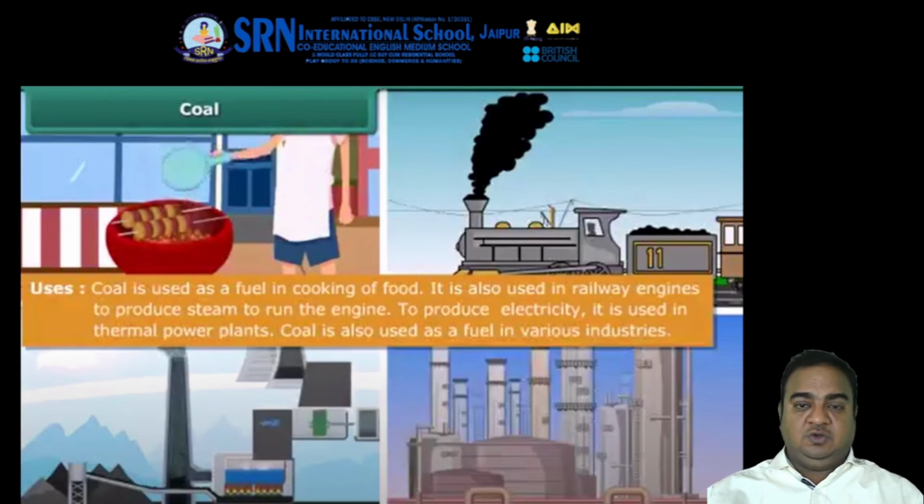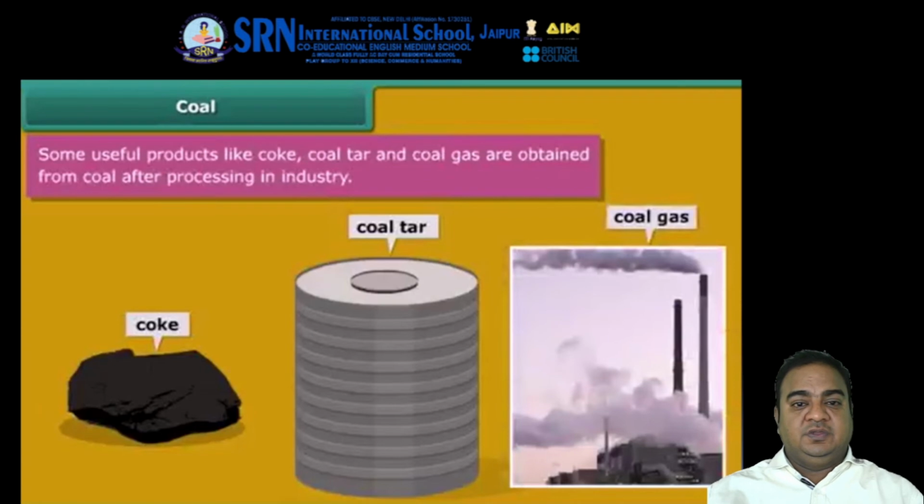Thermal power plants work on the principle of burning coal, where the energy produced is used to run turbines. Coal is also used in various industries. Some useful products like coke, coal tar, and coal gas are obtained from coal after processing in industry. Let me tell you one very important use of coal.